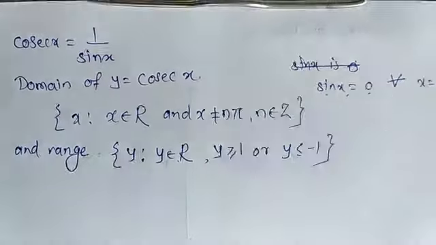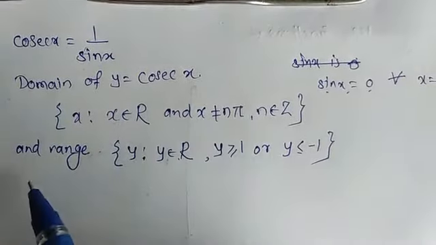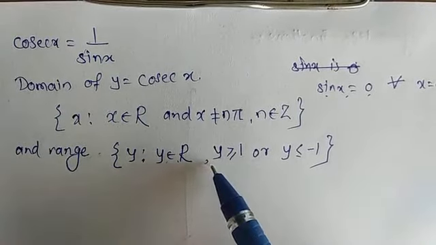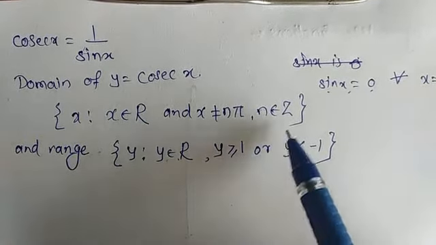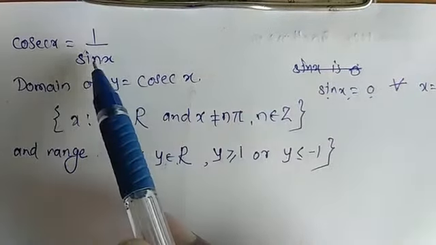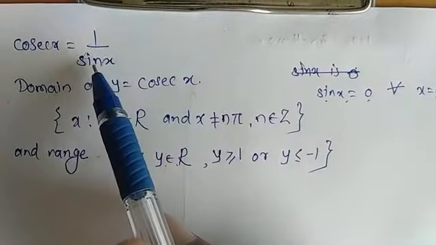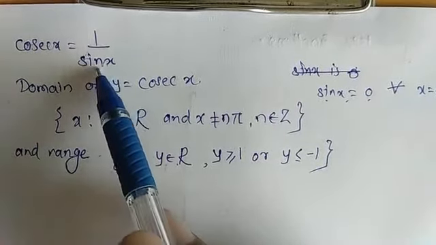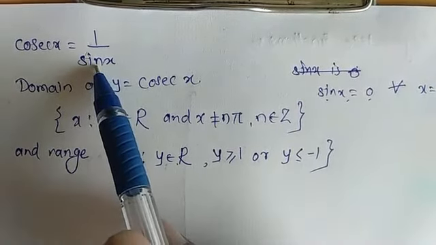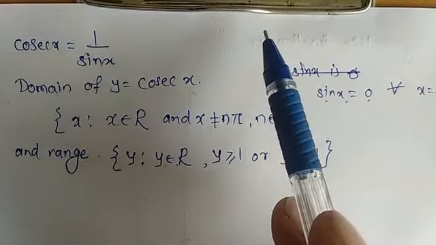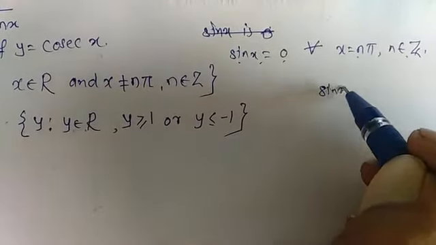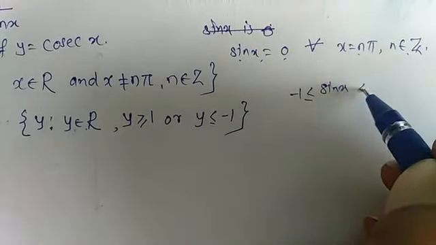You can see the range of cosec x when we draw the graph. Where sin x is 0, the denominator is 0, so cosec x goes toward infinity. When sin x is positive, cosec goes toward positive values, and you know that -1 less than or equal to sin x less than or equal to 1.